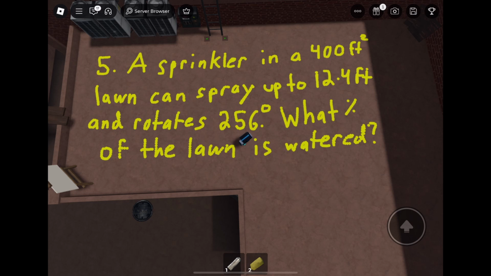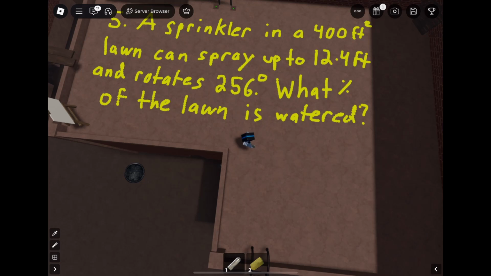The area that will be covered is just theta over 360 times pi r squared. And we know our angle and our radius. The radius is 12.4 feet because that's how far the sprinkler can spray in one direction, and theta is just 256.